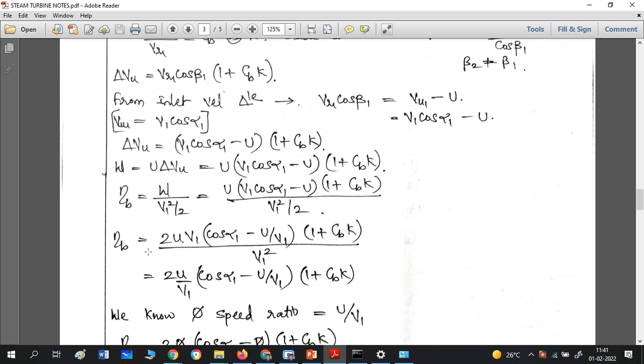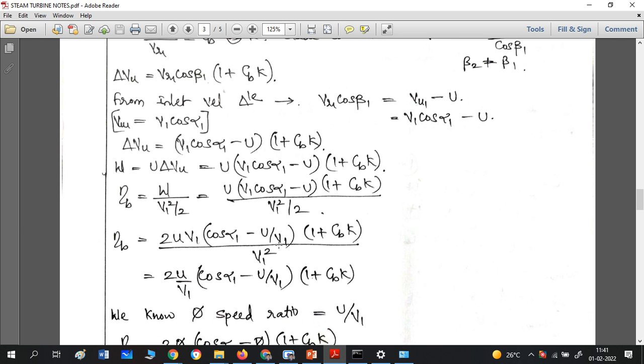Now this blade efficiency, I can write it as V1 square by 2 in the denominator, so I can write it as 2 into VU, and taking V1 common outside, I can write V1 outside, cos alpha 1 minus U by V1. Why have I taken U by V1?